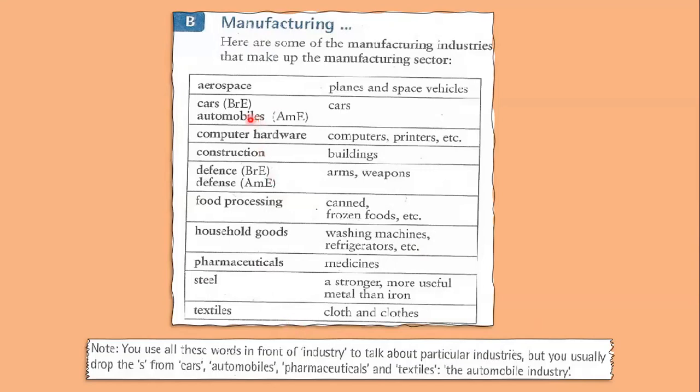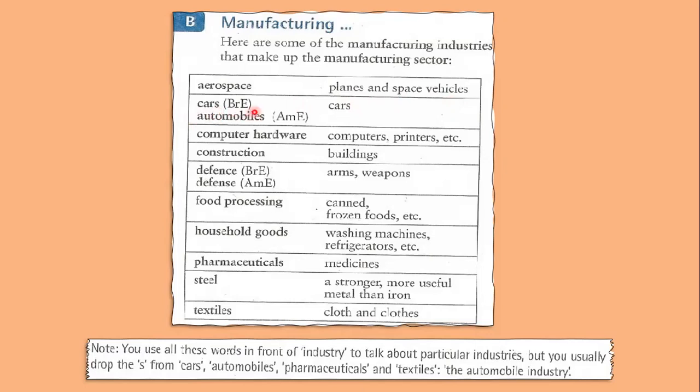For example, we have the aerospace industry. We combine with the word industry: aerospace industry, car industry, automobile industry, computer hardware industry, construction industry, etc. Okay, so aerospace industry, when we talk about planes and space vehicles.